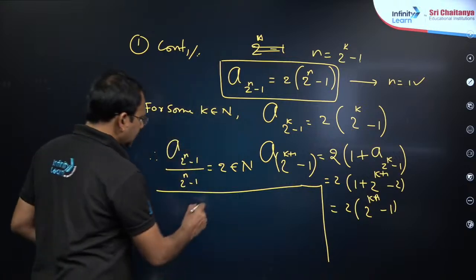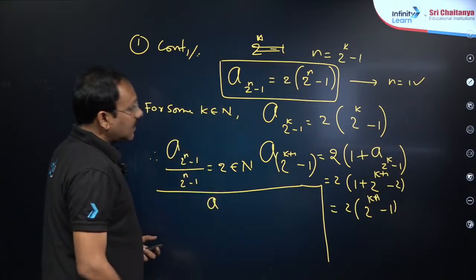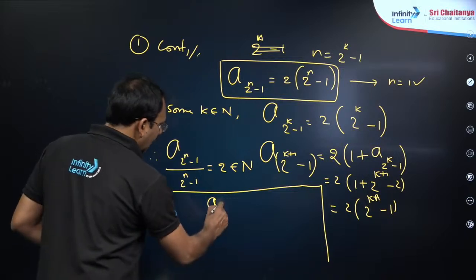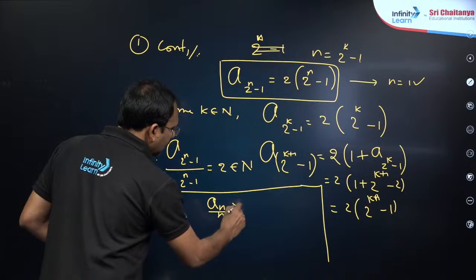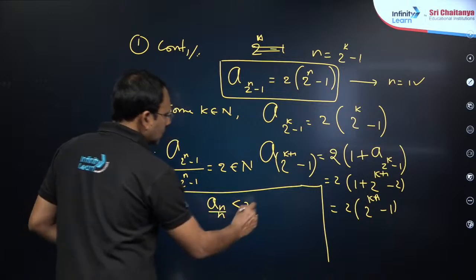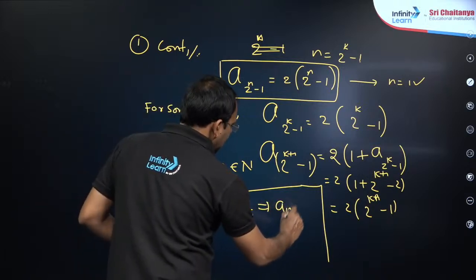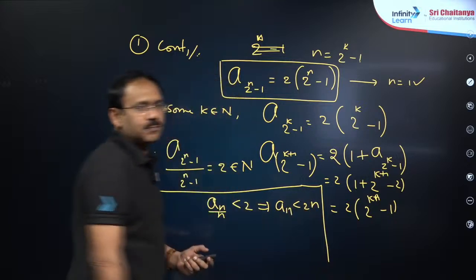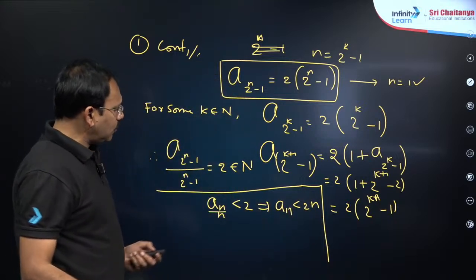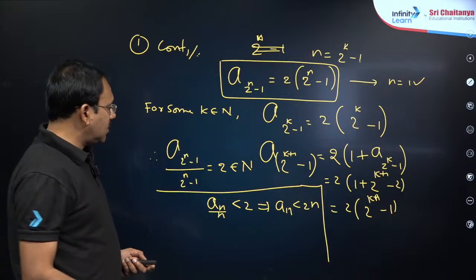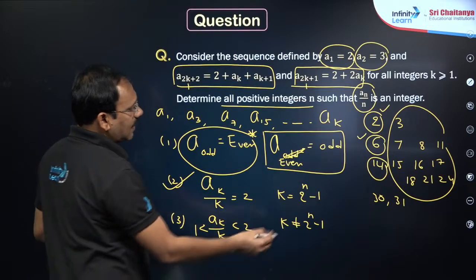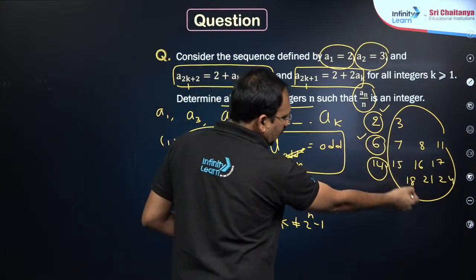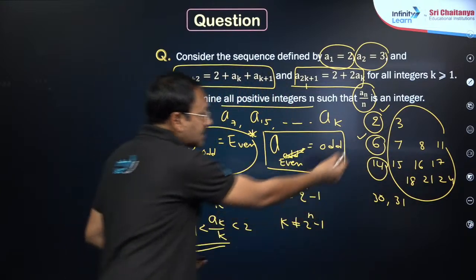I want to prove a n by n is less than 2. That means a n is less than 2n, I want to prove. Okay, fine, we will do a very simple observation. This a n by n is less than 2, and you can see here at least for a1, a2, a3 up to a15 you can observe, except these.